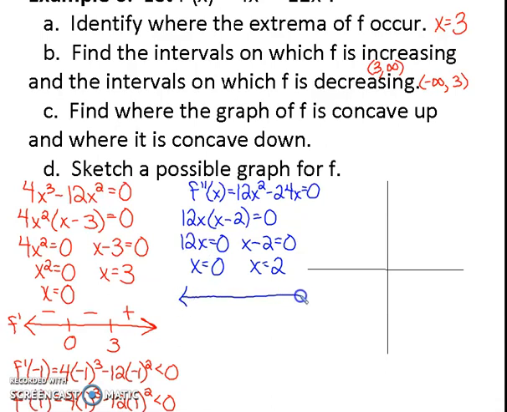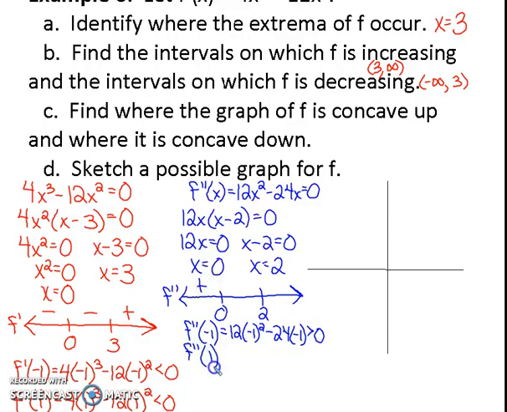So now we'll do a sign line with 0 and 2 for the second derivative. Maybe I choose -1 in the first interval. Notice we're going to substitute it into the second derivative now. I would get 12 times 1 is 12 plus 24, so we would get a positive number in the first section. So I use positive 1 for the next.